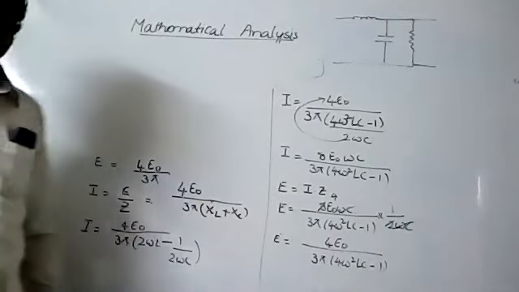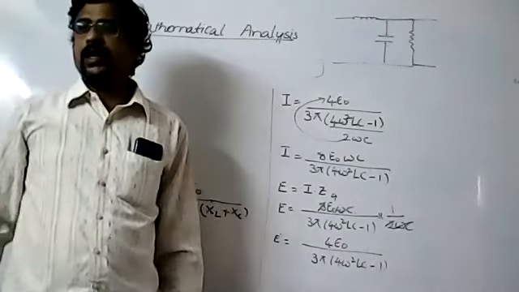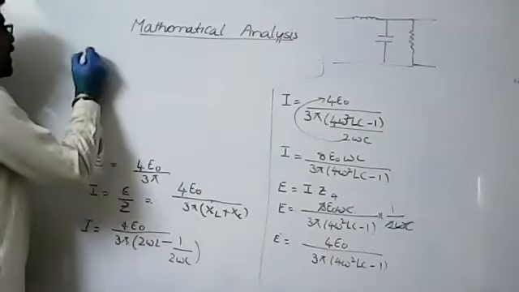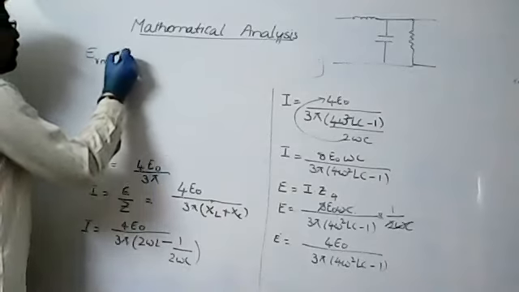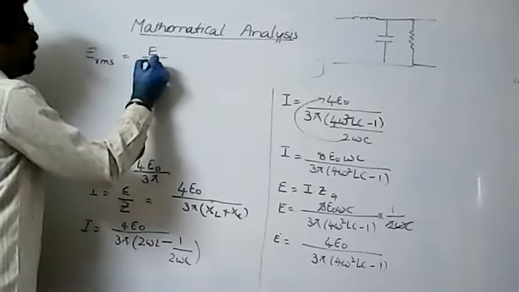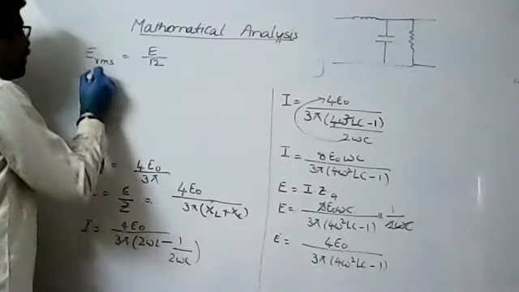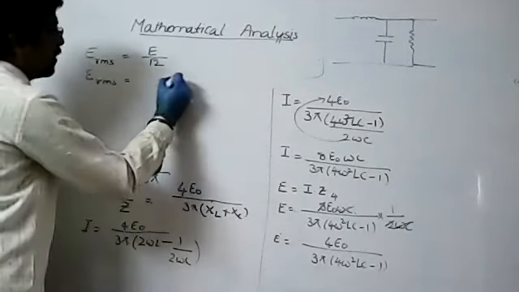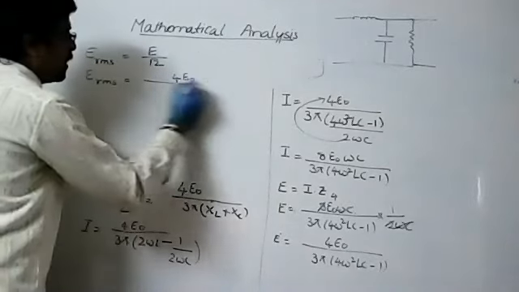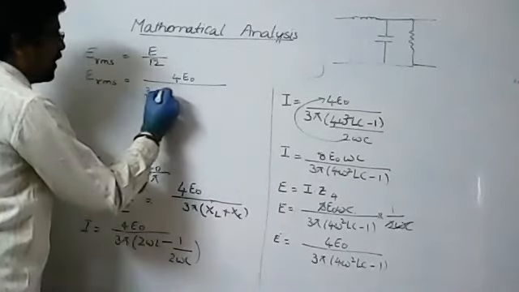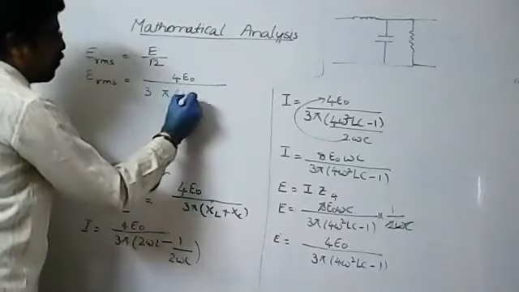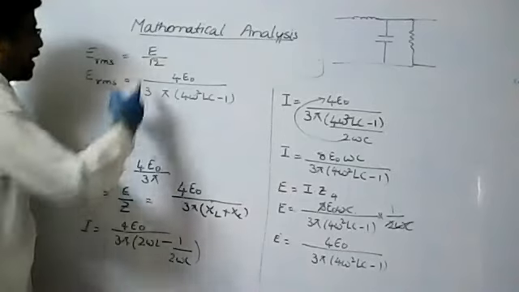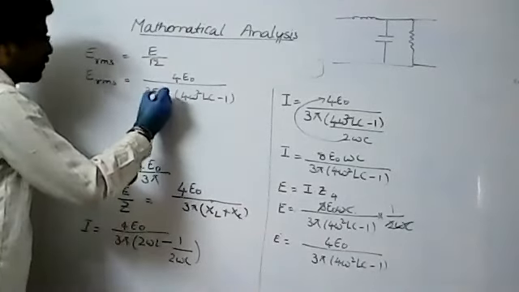Now I got the value of E. Now get the value of ERMS. So ERMS is equal to E by root 2. What is E? 4 E naught divided by 3 pi into 4 omega square LC minus 1, and this root 2 I am writing here.